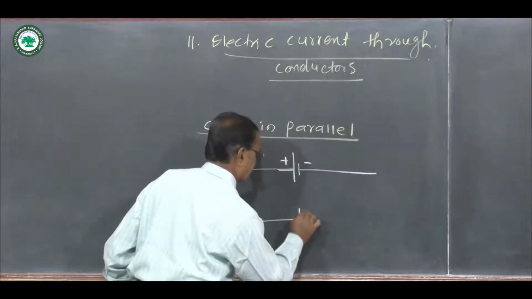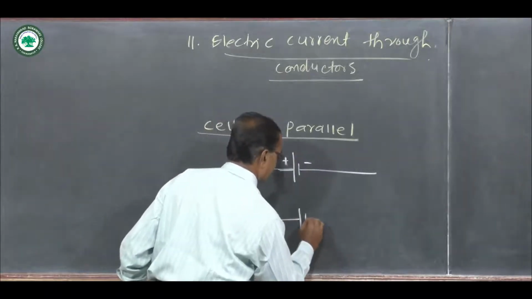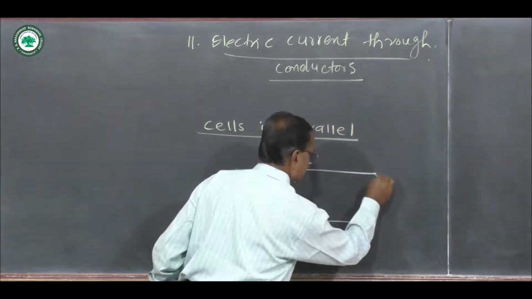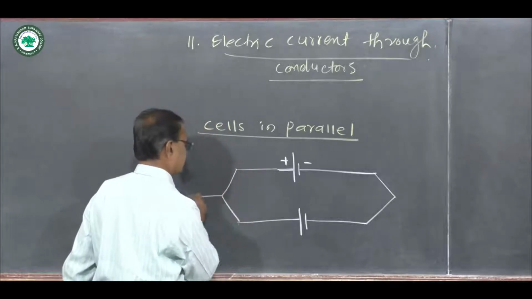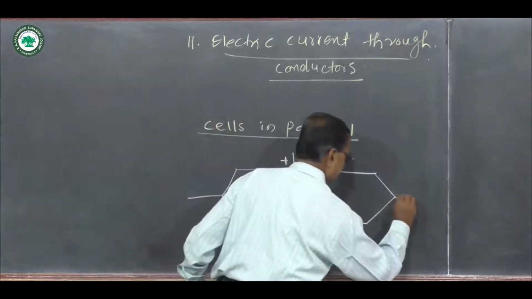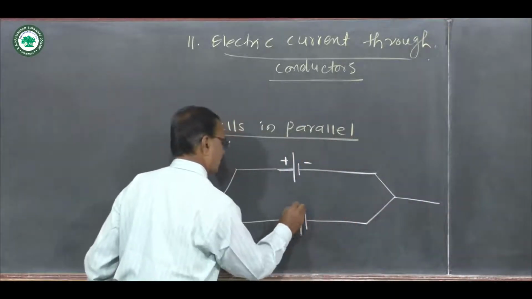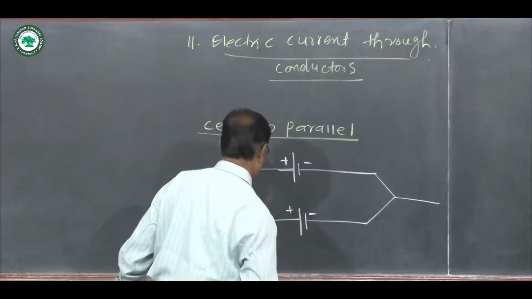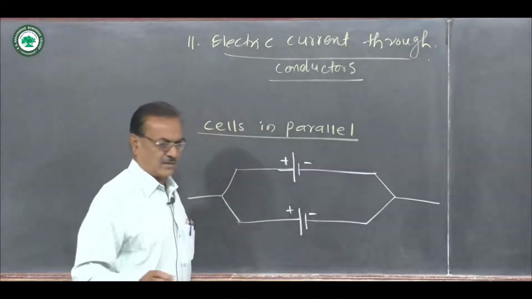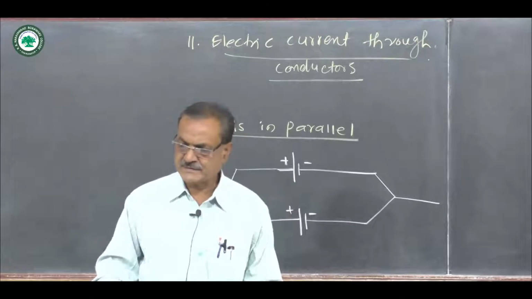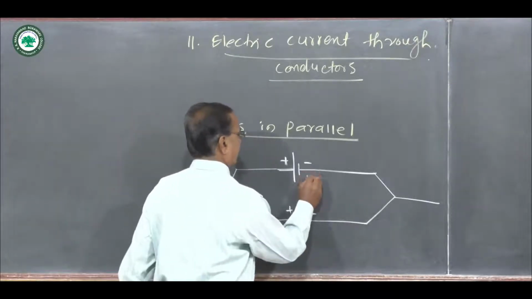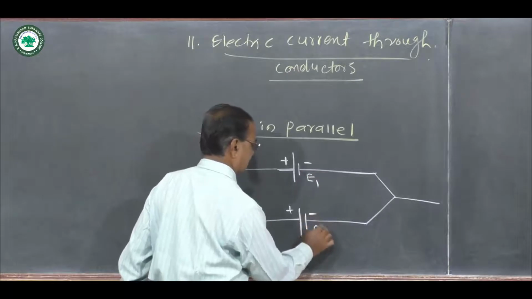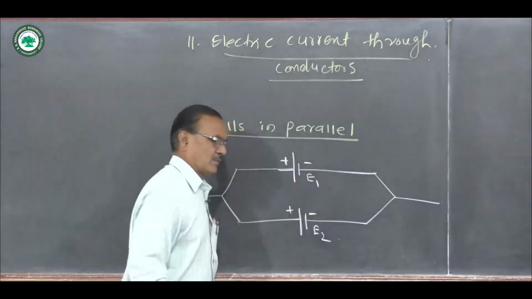Another cell is connected in parallel to the first cell like this. This is the positive terminal and negative terminal of the second cell. Suppose the first cell has EMF E1 and the second cell has EMF E2.